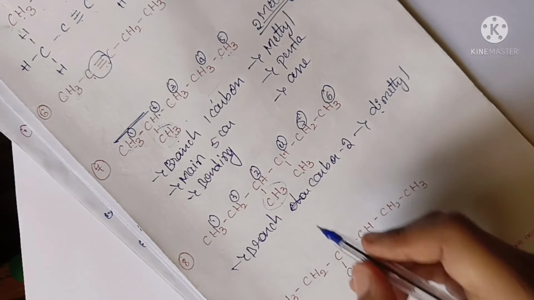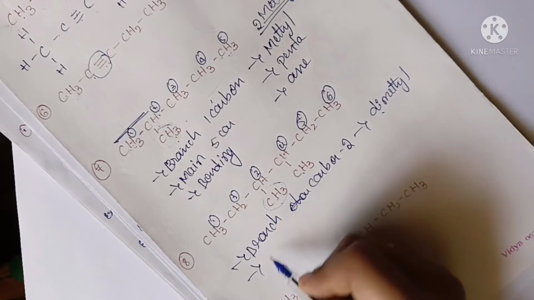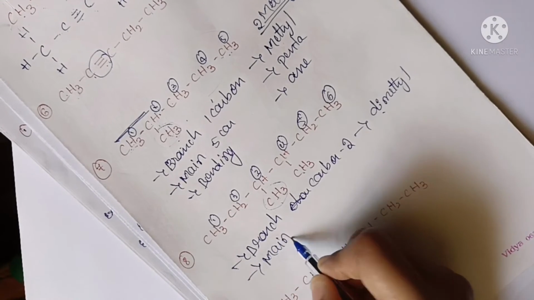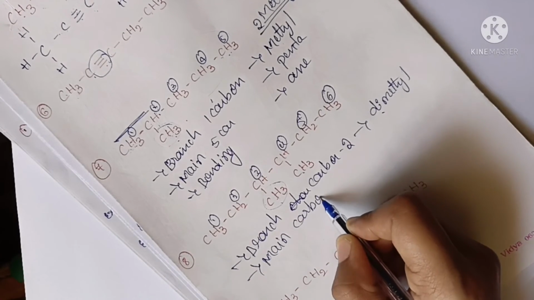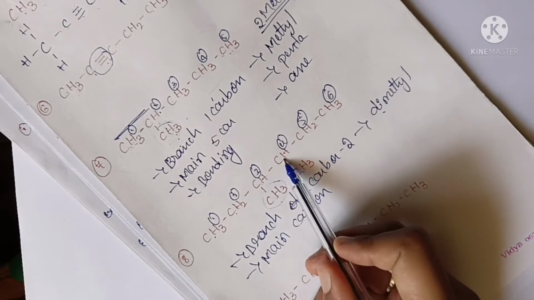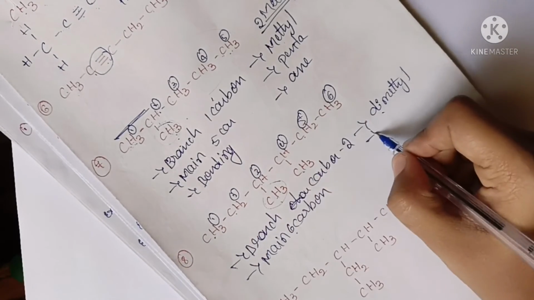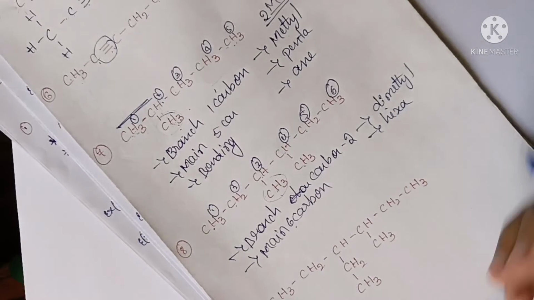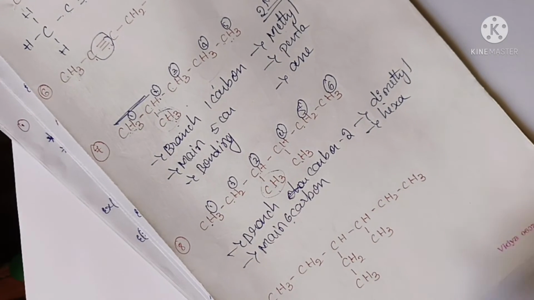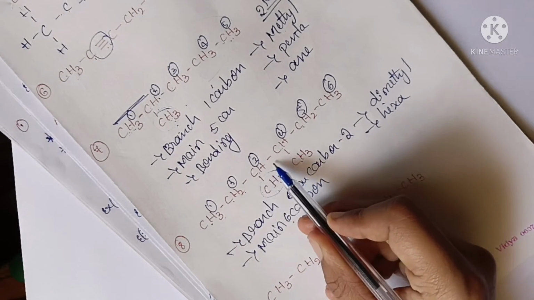And the next one is the main chain. How many carbons are in the main chain? 1, 2, 3, 4, 5, 6. Six carbons are in the main chain, so write it as hexa. Next, you need to find out whether it is a double bond, single bond, or triple bond.